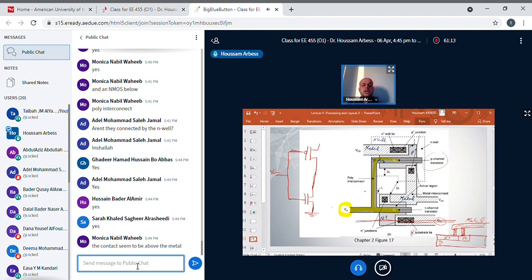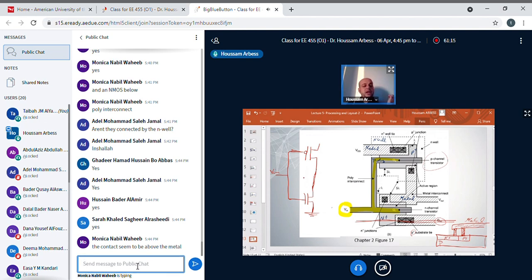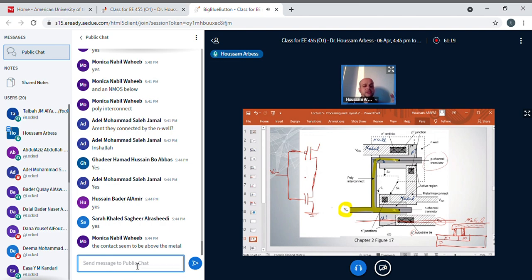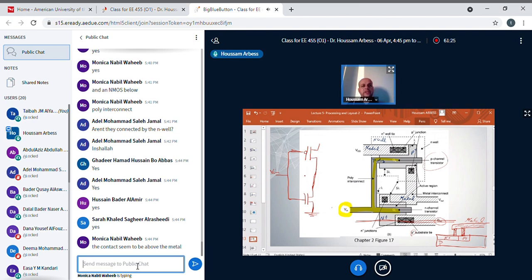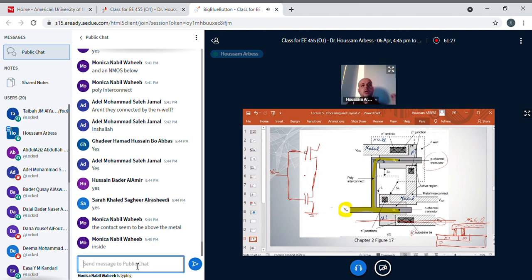No, Monica. You have to memorize where each layer exists. That is, N plus is always inside the silicon, it cannot be on top of the silicon. Always you have the contact as a connection between the semiconductor and the metal.